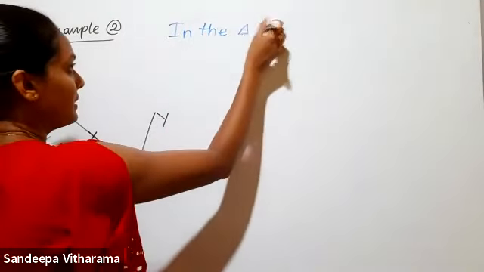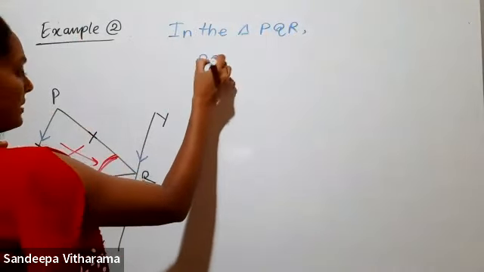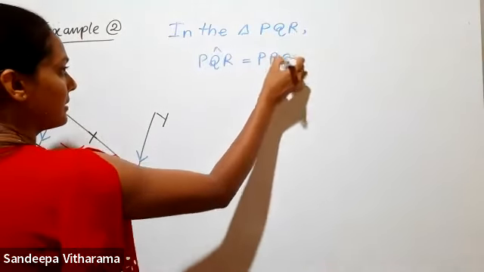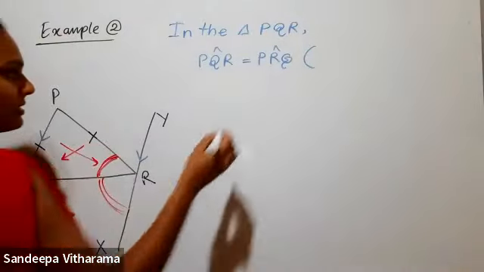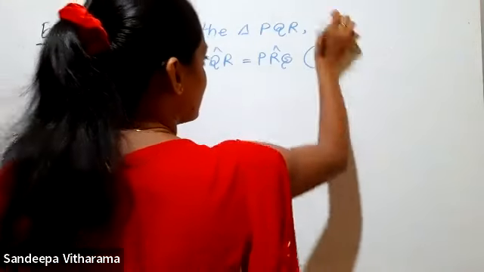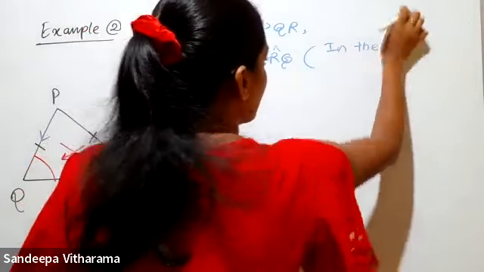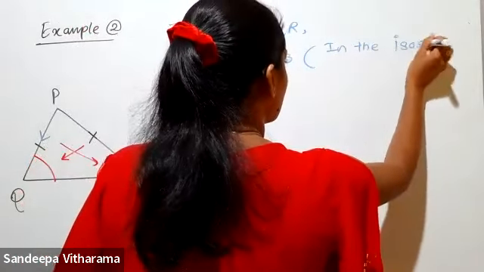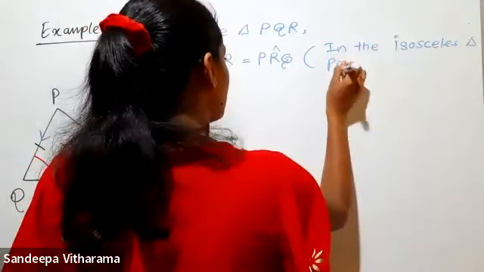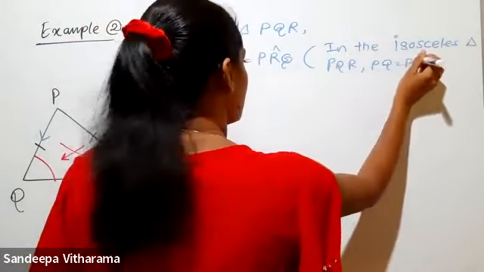triangle PQR, angle PQR is equal to angle PRQ. Okay. The reason is, in the isosceles triangle PQR, PQ equals PR.